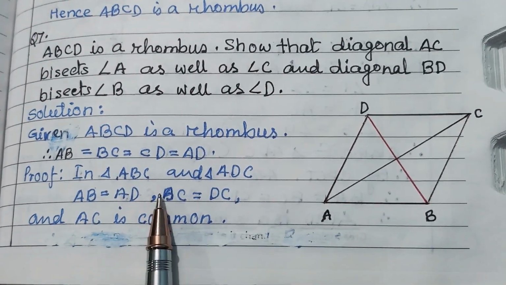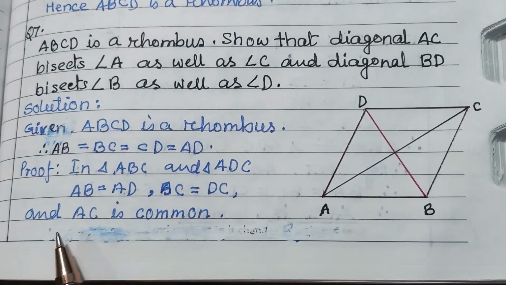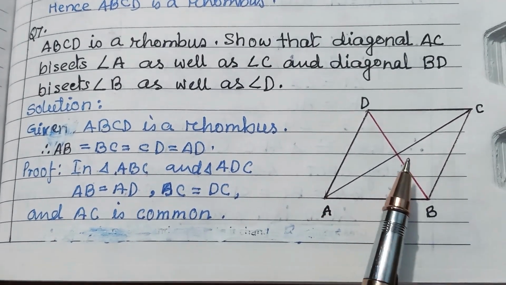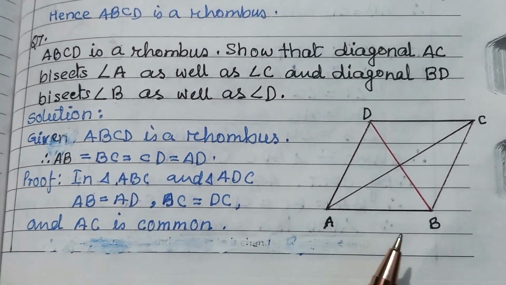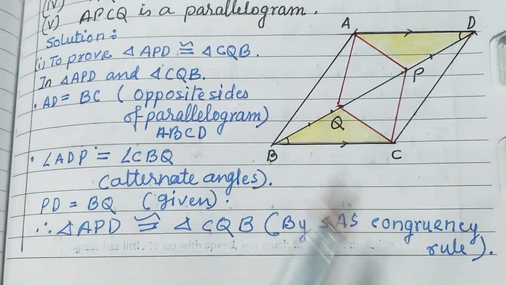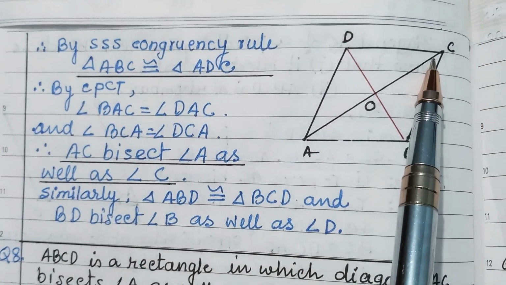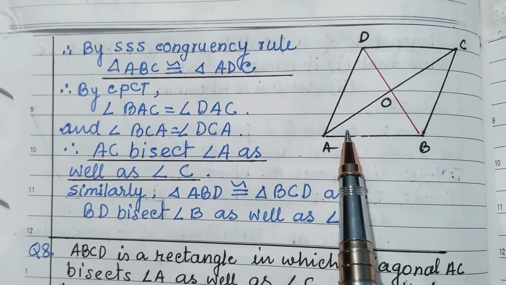In these two triangle, AB is equal to AD, BC is equal to DC, and AC is the common side. Therefore these two triangle, by side congruency rule, these two triangles are congruent. By CPCT, angle BAC and DAC, these two angles are equal.